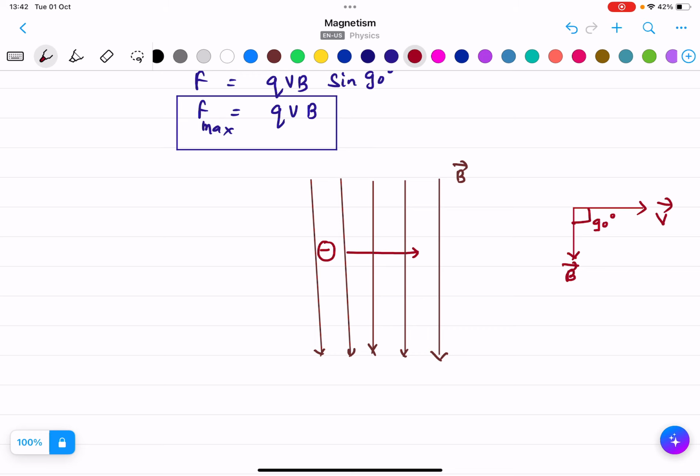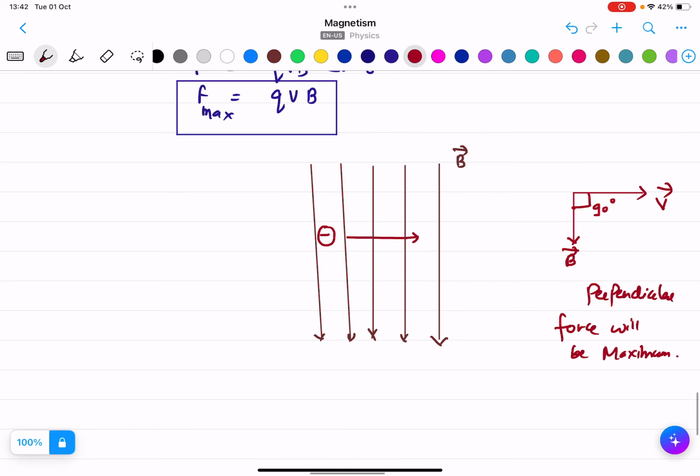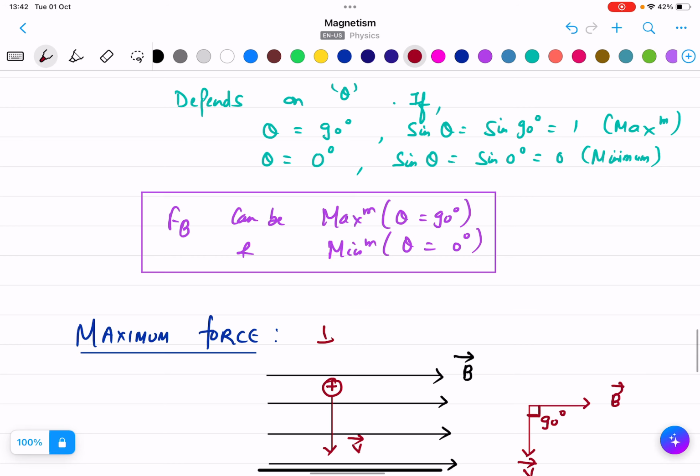They are making a 90-degree angle. That means again it is perpendicular, and the force will be maximum.